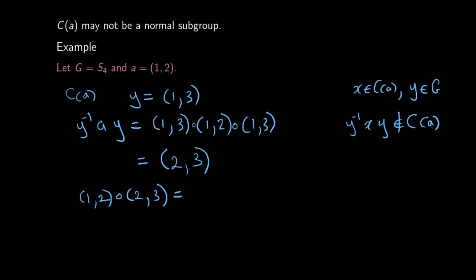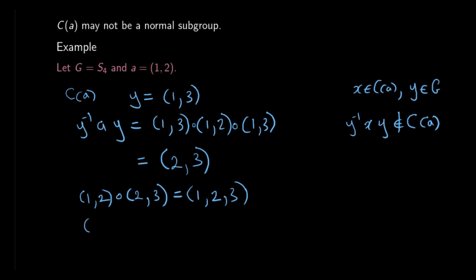Here we see that 1 goes to 2 while 2 goes to 3 and 3 goes to 1. Therefore, 1, 2 into 2, 3 will be the permutation 1, 2, 3.